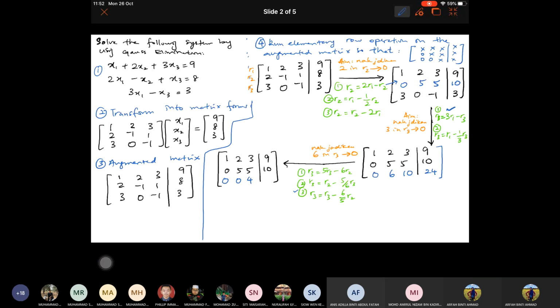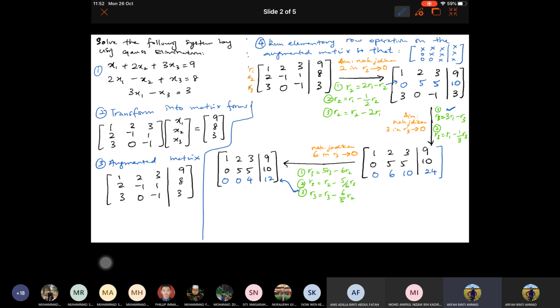Okay. So this one I take R3 24 minus 6/5 times 10. 5 goes into 10 twice, 2 times 6 is 12. 24 minus 12, this one becomes 12. So I get 0, 0, 4, 12.